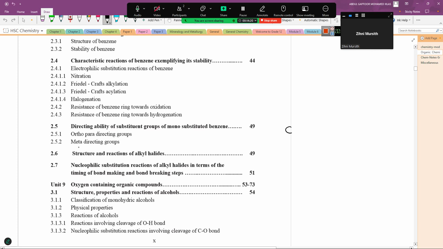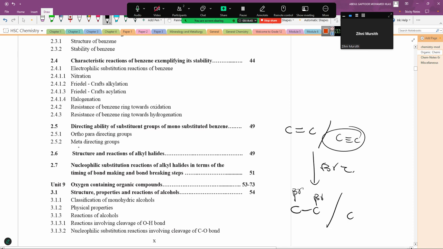If you have C double bond C or C triple bond C, so unsaturated things, so what will happen if there is a compound and you add Br2? It will become C-C with Br added, and if it is C triple bond C, it will also add Br, right? So Br will be added.